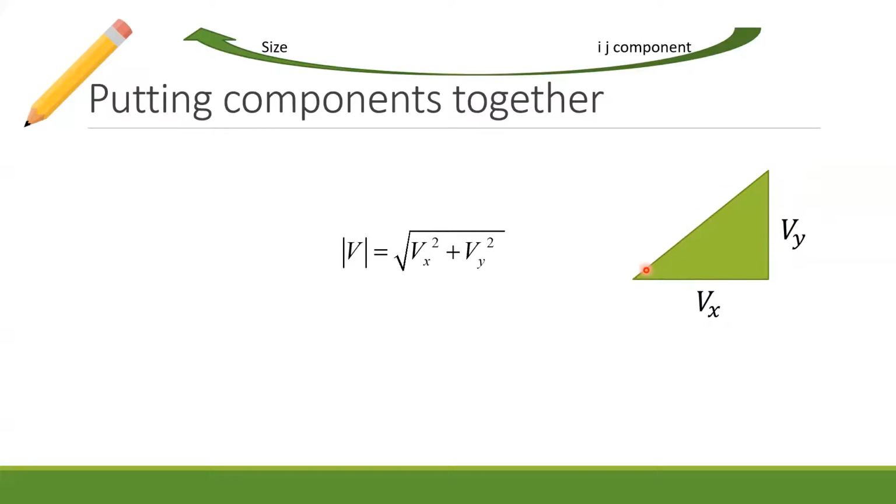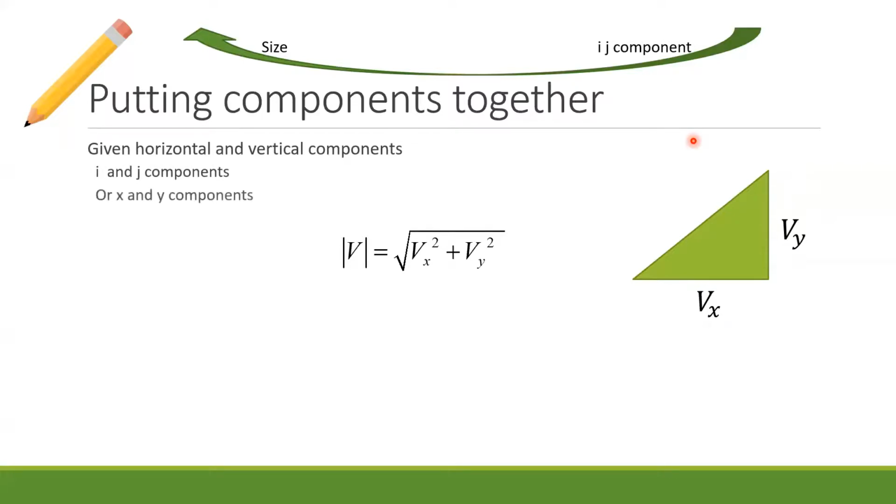Well, this is where we need Pythagoras. Given the horizontal and the vertical components, the i and j components, or the x and y components, you can use that to calculate the size.